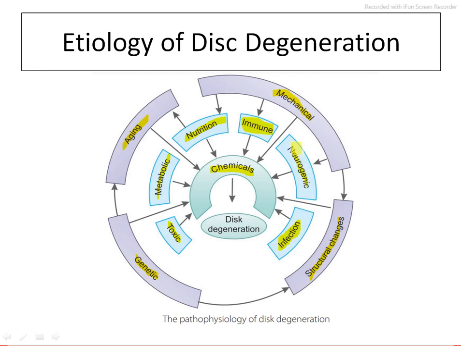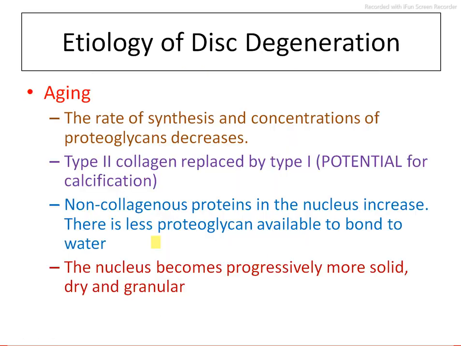And neurogenic: there have been studies which show that because of the release of substance P, the disc degeneration process is also going on or aggravated. So this is the multifactorial process you can see here, and most important being the aging and the mechanical factors and the genetics. Now we will discuss one by one.